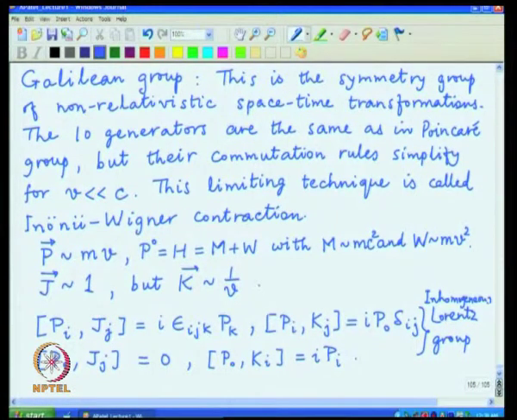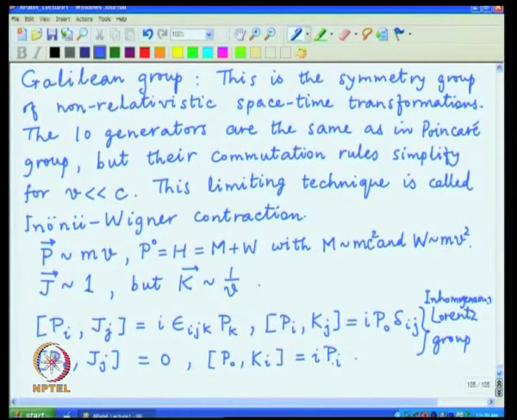And to cancel the scaling of v, one must take k of the order of 1 over v to maintain this commutation rule, because p 0 is order 1, p is order v, and k has to be order 1 over v. So, that this relation is satisfied.